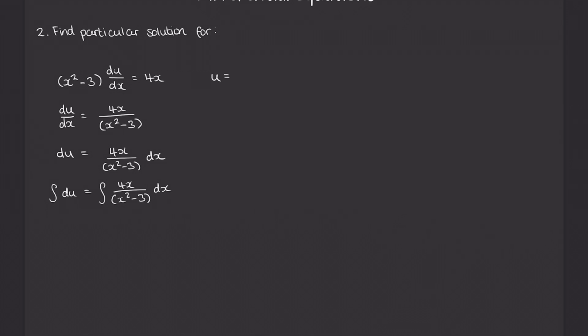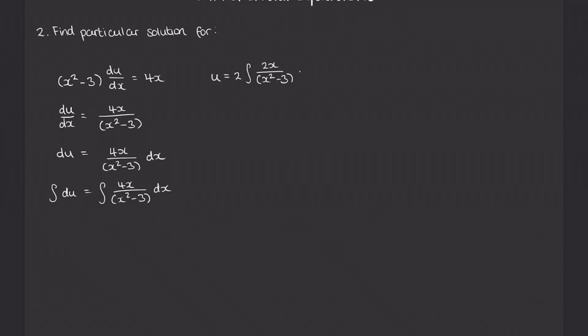We could factor out a 2. That could work. So we'll have 2 outside, the integral of 2x over x squared minus 3. Obviously, factoring out doesn't affect the denominator because realistically it would be 2 over 1, the integral multiplied, thinking of your fraction rules.